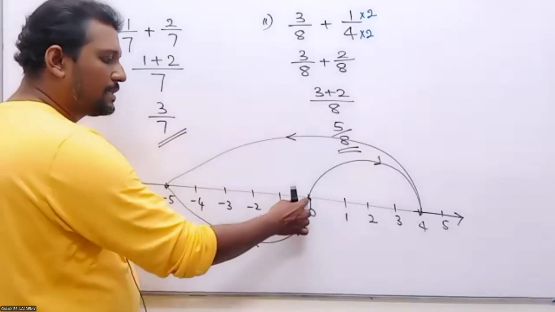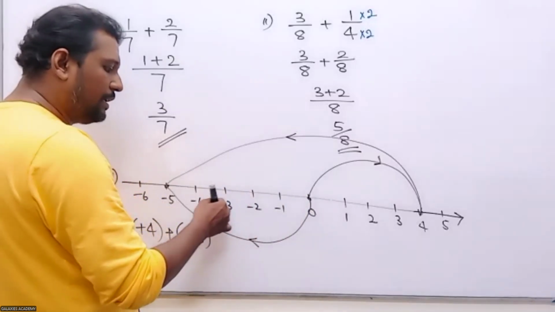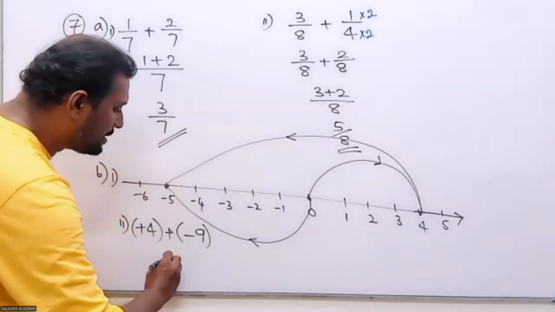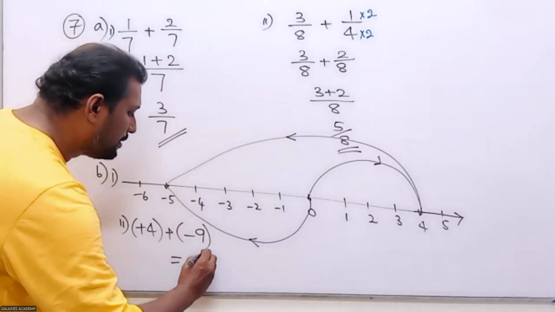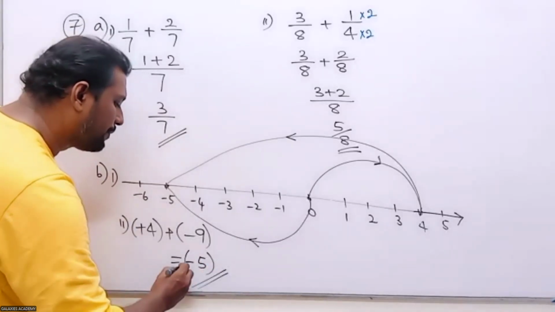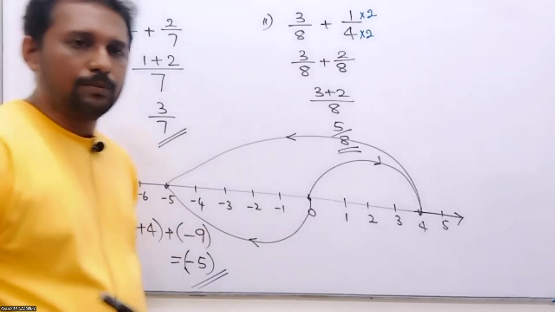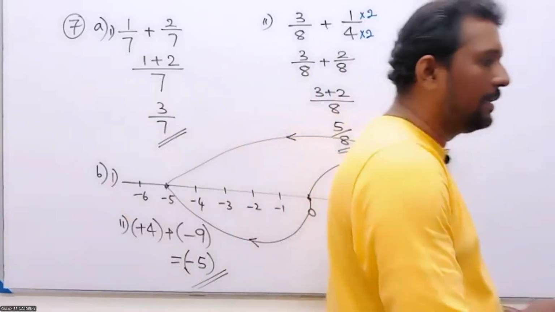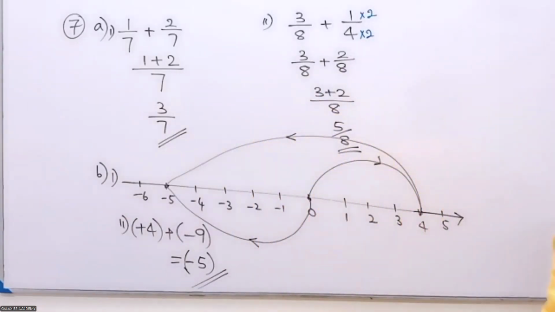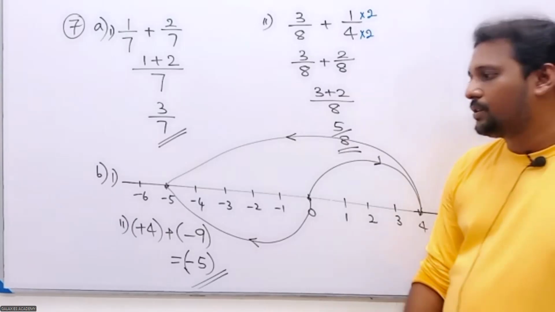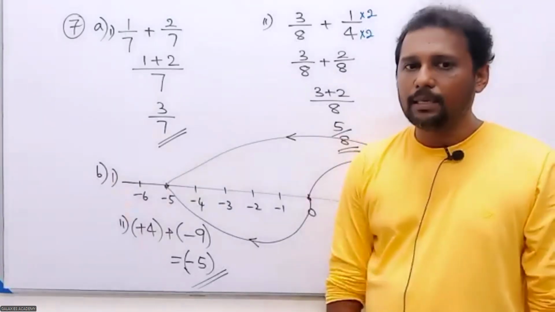How many places? 1 2 3 4 5. So what is the answer? -5. -5, right? It is the method to get the answer of the addition of directed numbers using a number line.